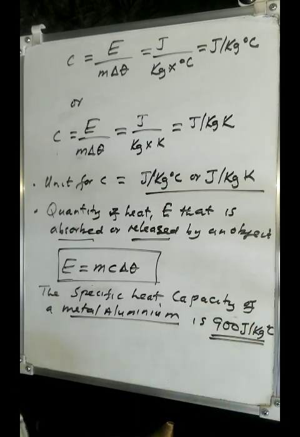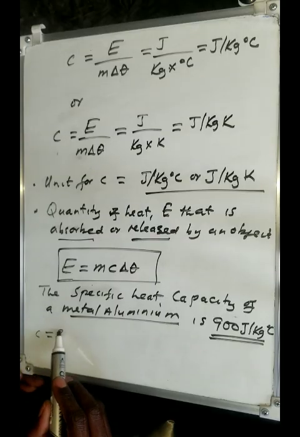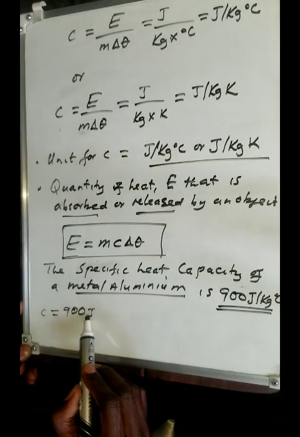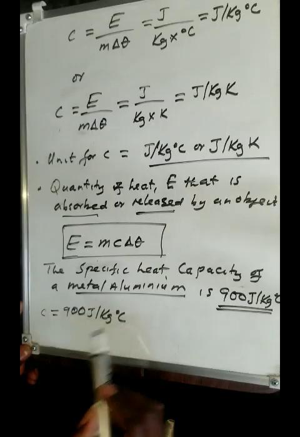What does that mean when they tell you the specific heat capacity is 900 joule per kg degrees Celsius?